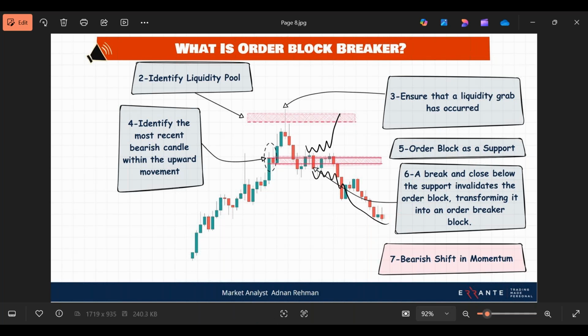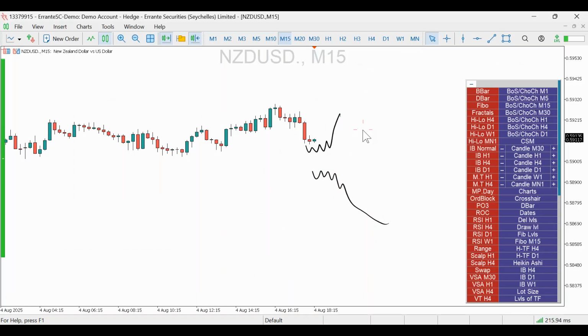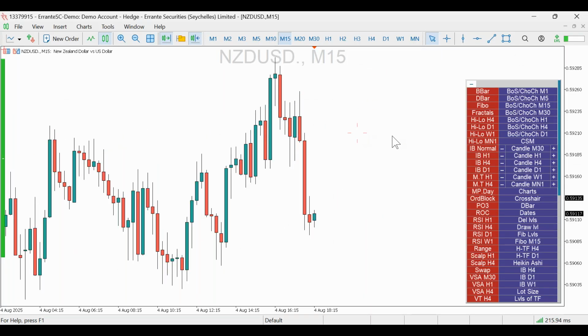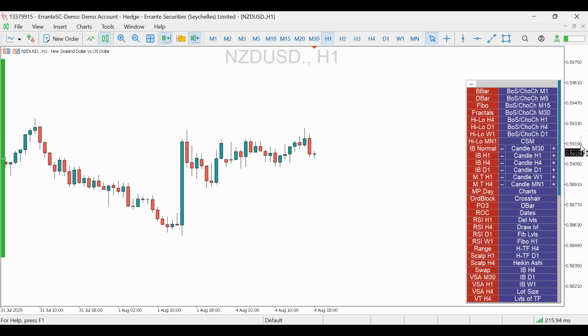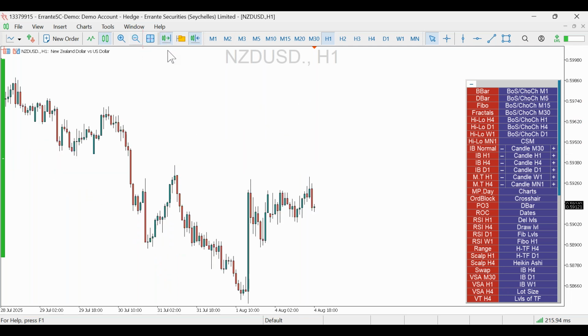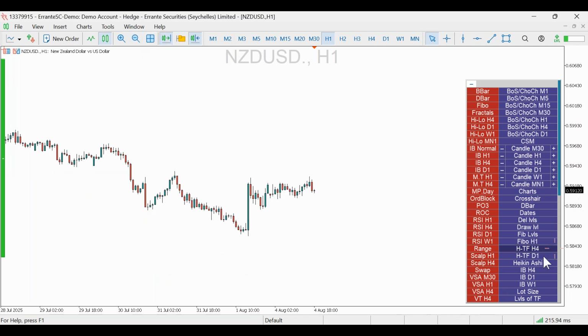Now, without wasting any time, let's move to our charts and see what they say. For example, what pair is this? NZD USD, on H1.